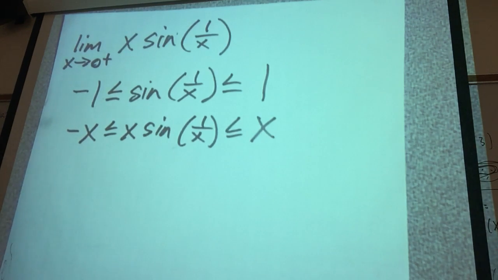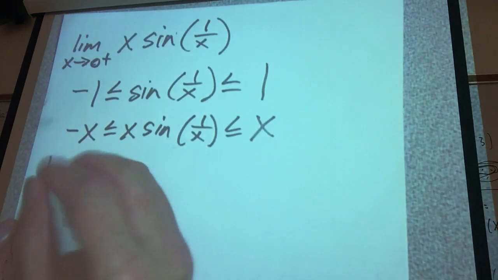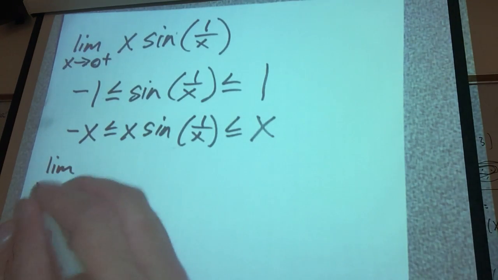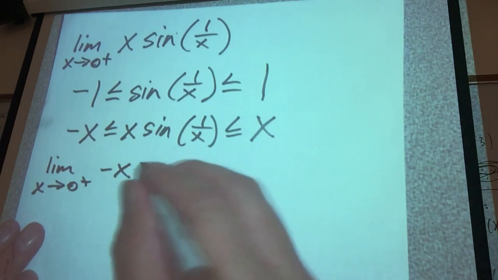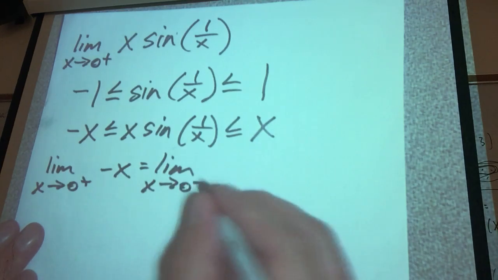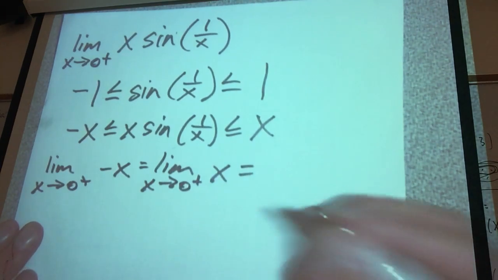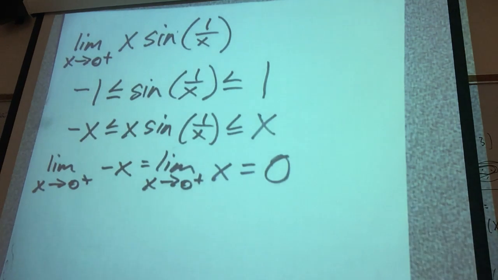And then I can say the limit as x tends towards 0 from the right of -x equals the limit as x tends towards 0 from the right of x. And if we just say these limits are tending towards 0, they're just going to tend towards 0.